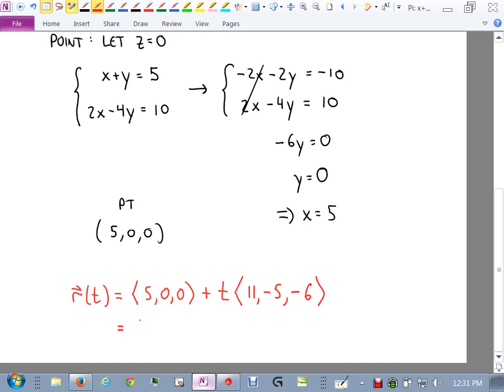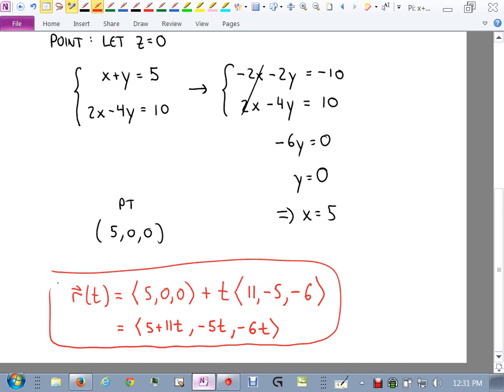Which if I write this out, 5 plus 11t, negative 5t, negative 6t. T is a real number. It draws the whole line.